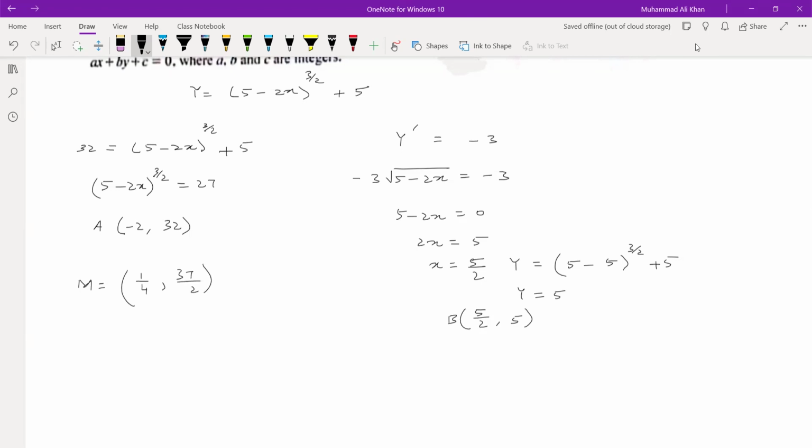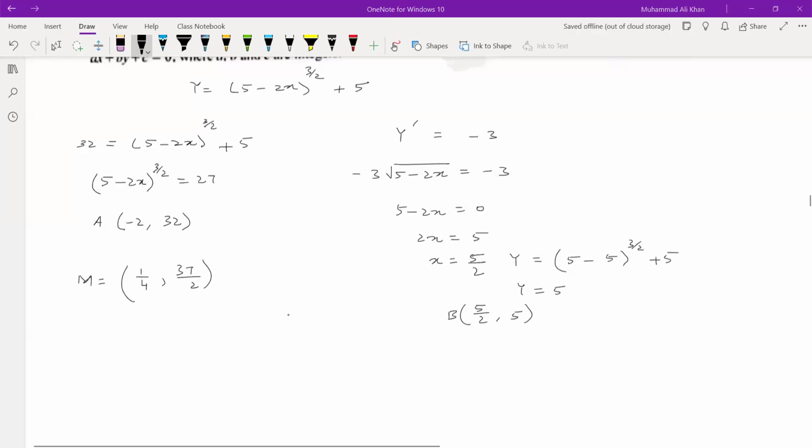These are the midpoint. After that, calculate the gradient of AB, which is y2 minus y1 over x2 minus x1: 5 minus 32 over 5 upon 2 minus minus 2. So the gradient of AB is minus 6. Therefore, the gradient of the perpendicular is 1 upon 6.